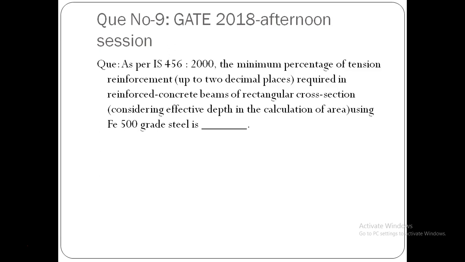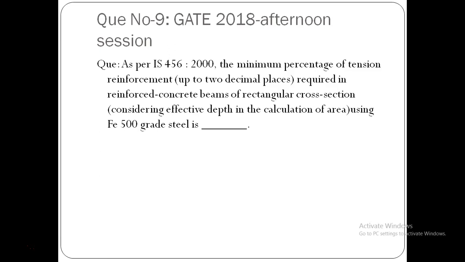the proper answer. Difficulty level, you can say it is easy, since the student has to recall the concept related to a clause of IS 456-2000 and he has to solve it for Fe 500 grade of steel. So the solution should be up to 2 decimal places.